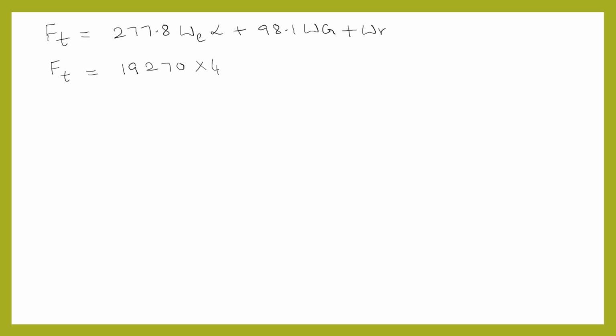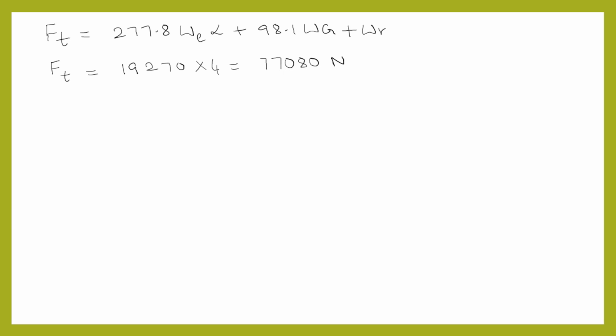So we have tractive effort Ft equal to 277.8 WE alpha plus 98.1 WG plus WR. The value of tractive effort Ft is equal to 19,270, which is tractive effort per motor, into the number of motors 4, which is equal to 77,080 newtons.